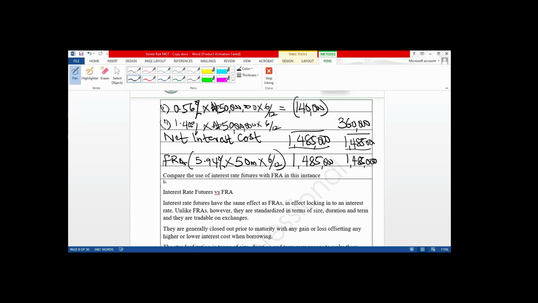In as much as you are hedging with FRA, your net interest cost must equal to the amount you are going to pay under FRA. It cannot be more than, it cannot be less than, because FRA is a binding hedging instrument. Is that clear, ma'am? Yes, thank you, sir.